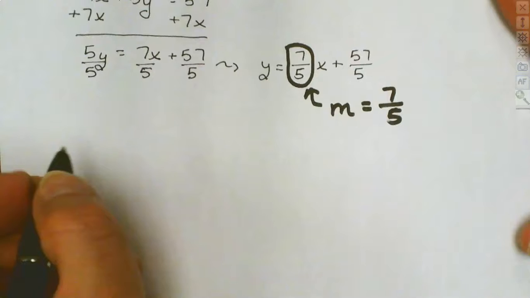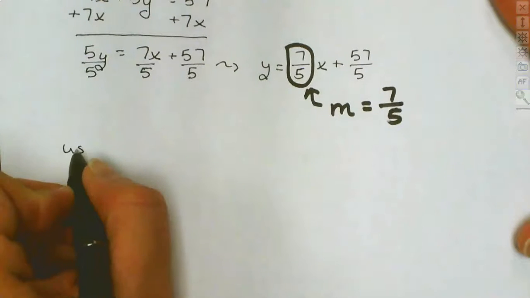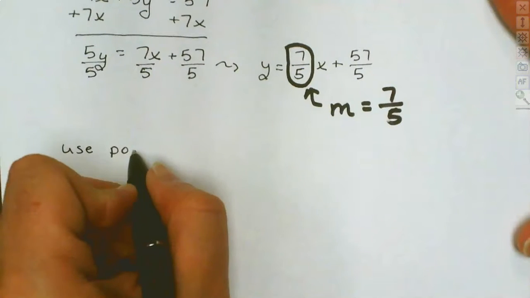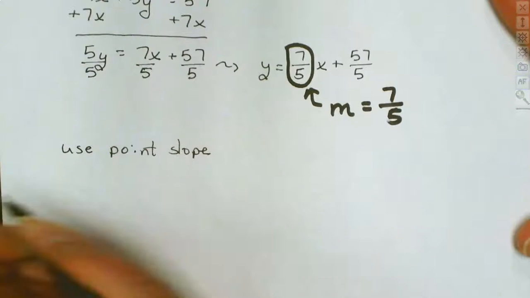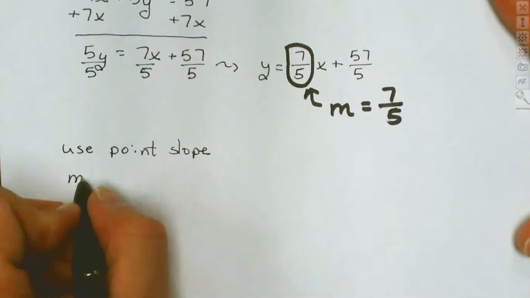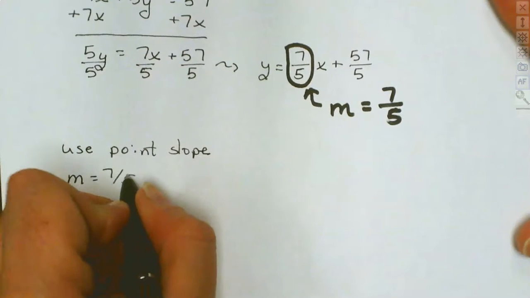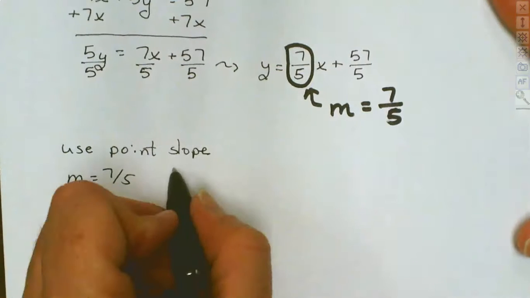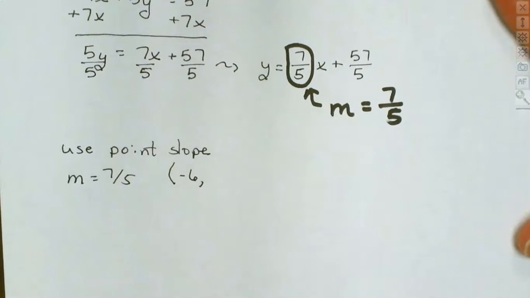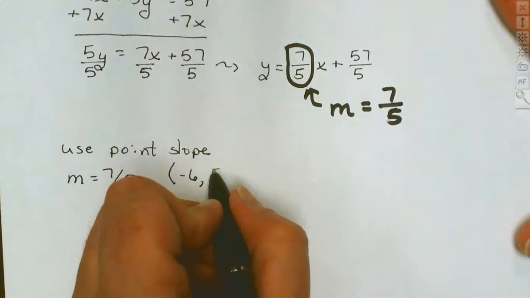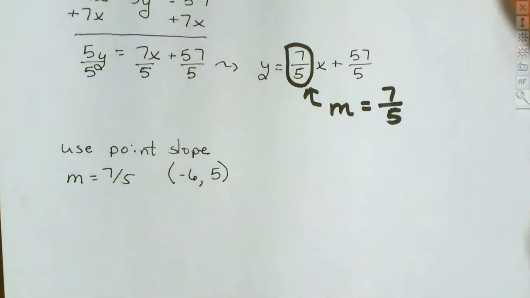Now we're going to use point slope. And what do we have for the point slope? Well, we have a slope of 7/5. We use our original point that's provided, which is minus 6, 5.